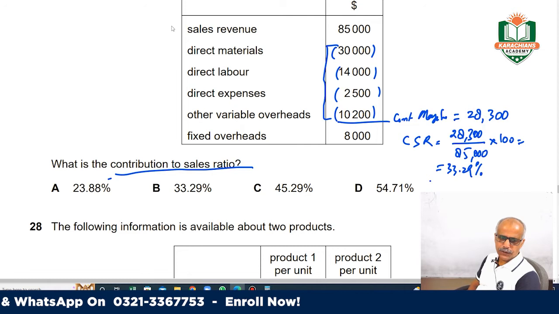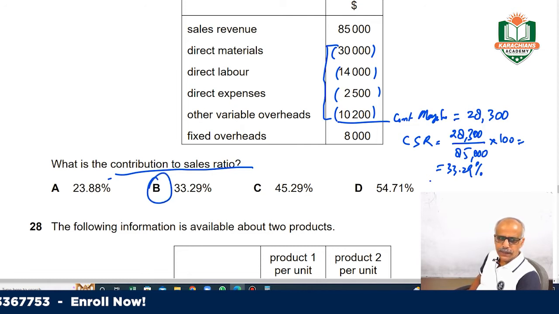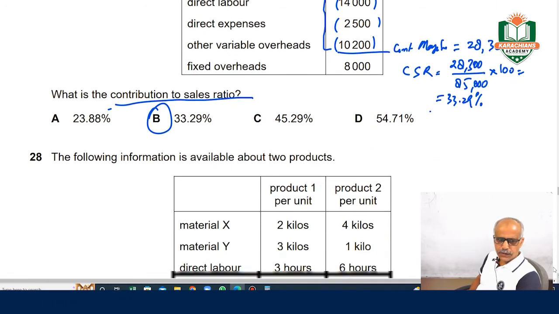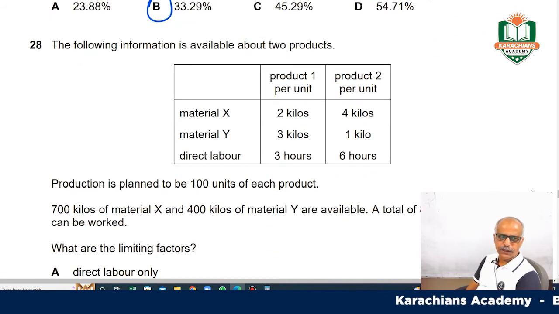Option B is your answer. Move on to question 28.